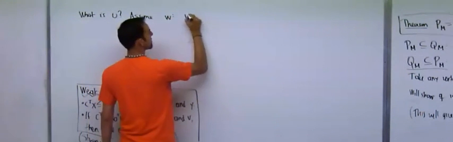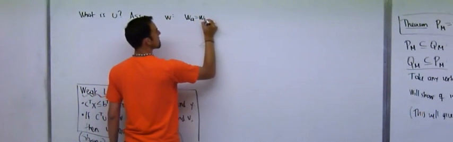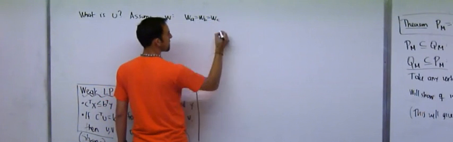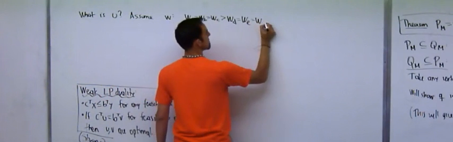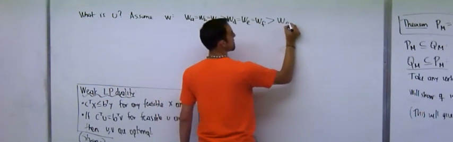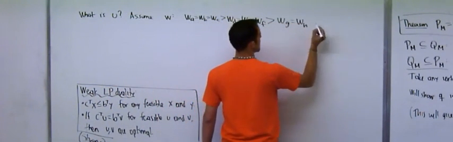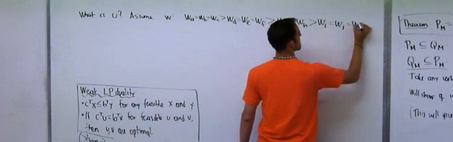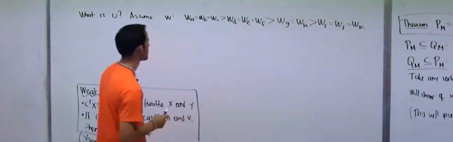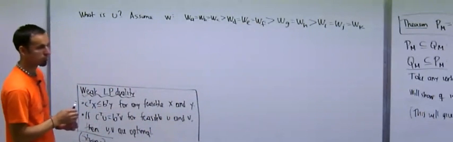W has a bunch of entries equal to each other, which are the biggest ones, then the next ones, then maybe like this, maybe like this. You can always assume that the W's are all positive, right?